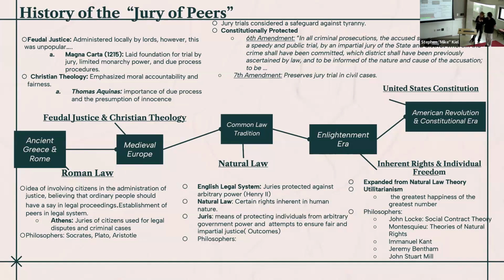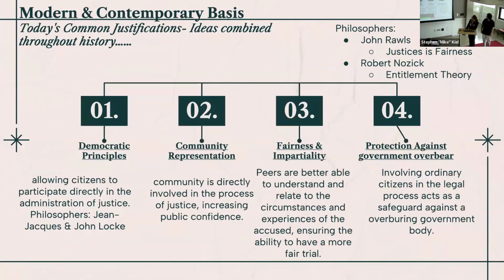And then finally, the last era is the American Revolution. This is where we get the Sixth Amendment that gives all of us, if we ever get charged by the state, a right to an attorney. And then the Seventh Amendment preserves your right to a jury trial in a civil case. So if you want to request one, you have the option to.